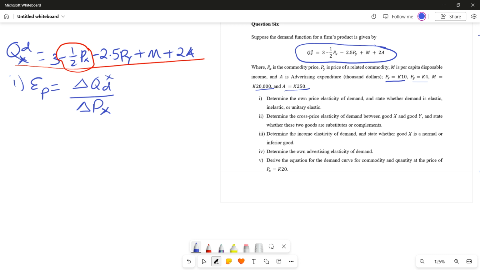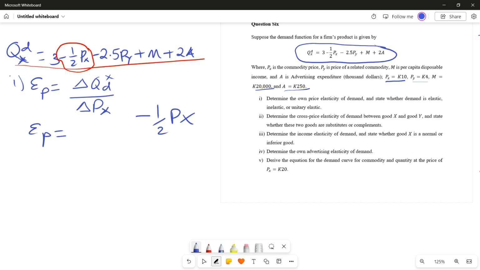Okay, so what we're going to do is, EP is equal to the term containing Px, which is negative 1 over 2 Px. So now it is this term that we're going to differentiate.